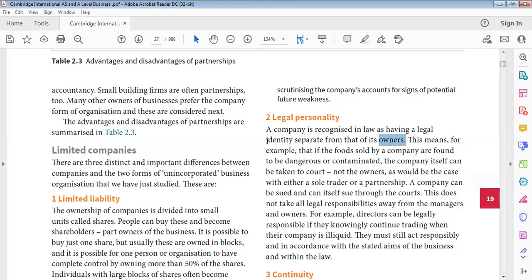There is no direct legal connection between us two. So if Facebook gets into trouble, it's not a problem for us. I mean, legal problem. Obviously, if Facebook is not making money, if they're making a loss, it's a concern for us, right? We'll be worried, because ultimately, why did we invest in Facebook?